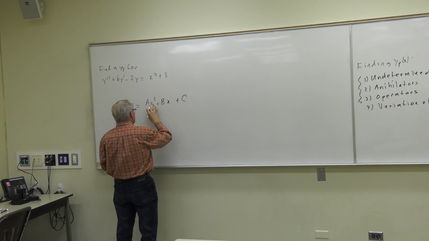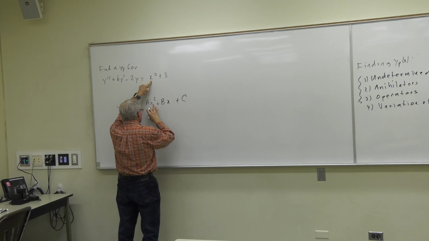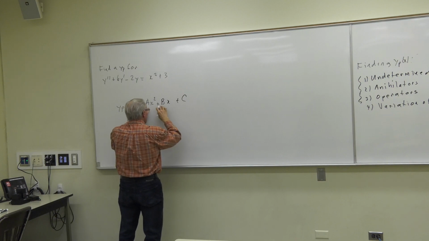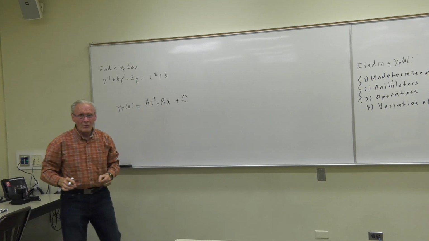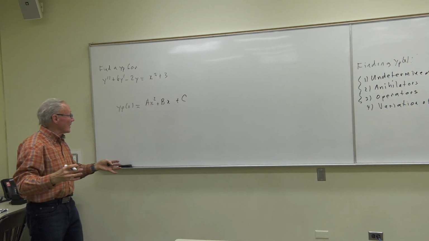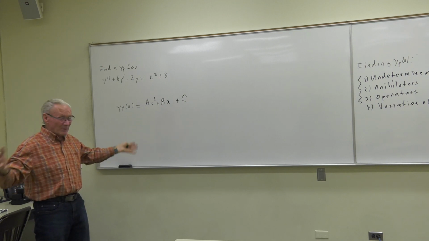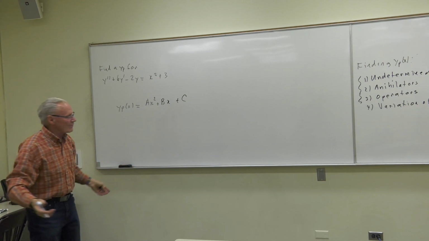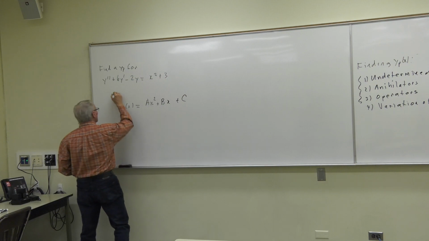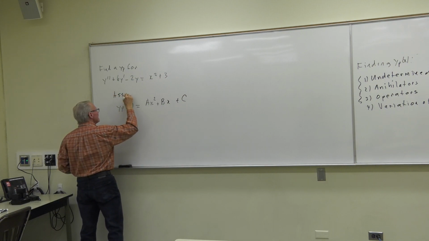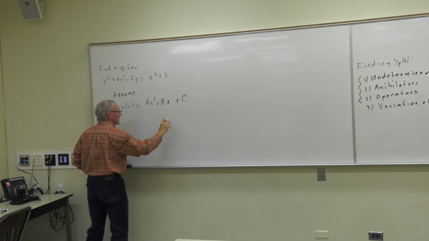Why? Because that one is going to give me x squareds, and I need x squareds. These two, I don't know. If I need them, I'll find them. If I don't need them, they'll turn out to be 0. So we say, assume that y sub p looks like this.